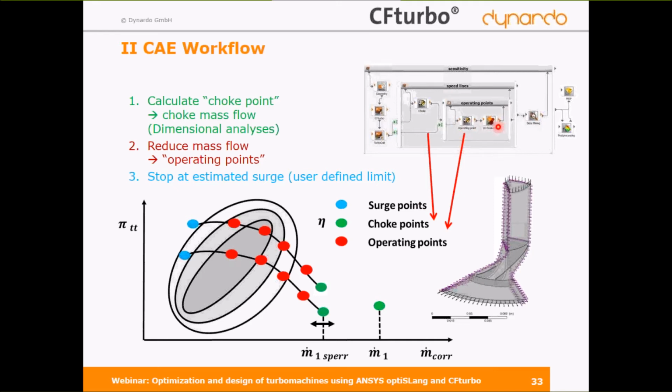Then this inner system is done. We can go back to the next speed line. Again, the choke point can be calculated. The information can be handed in to the inner operating system, and all the different operating points can be calculated again. If all speed lines are calculated, there's some data mining, and then the design is done.